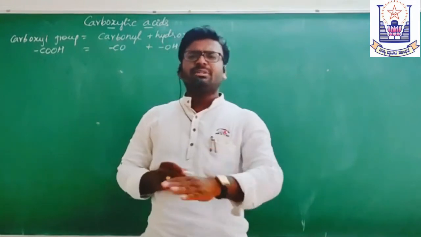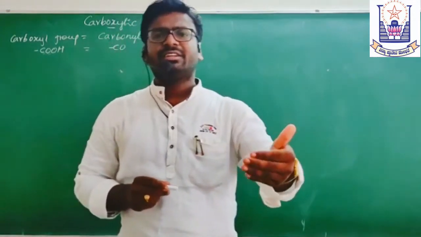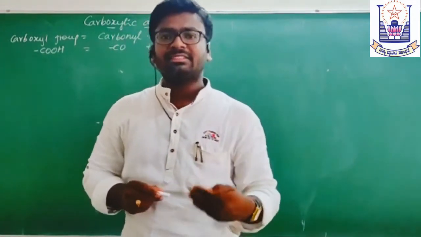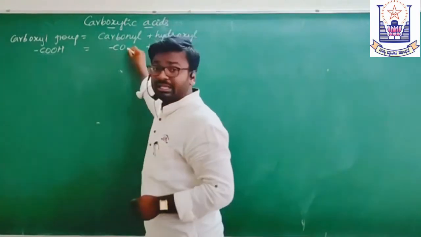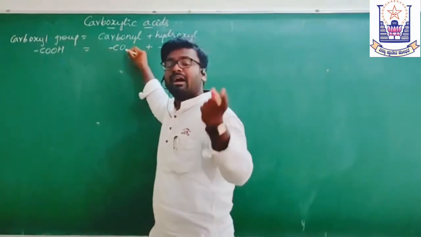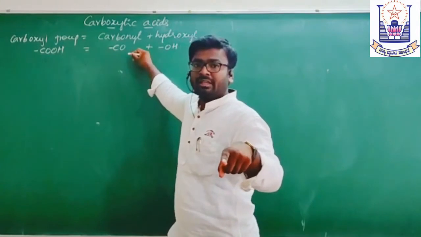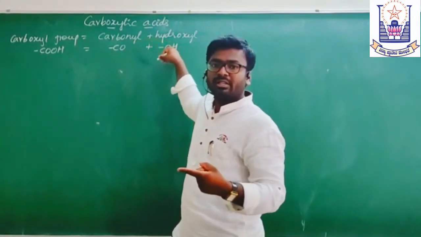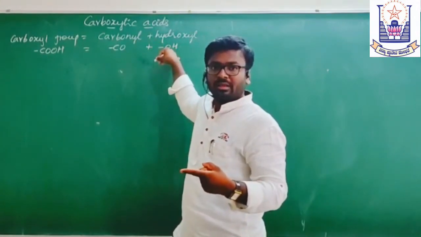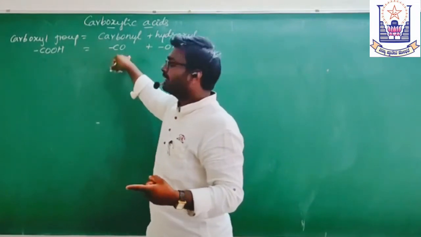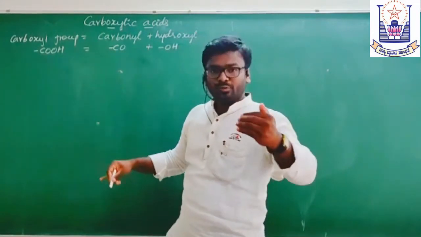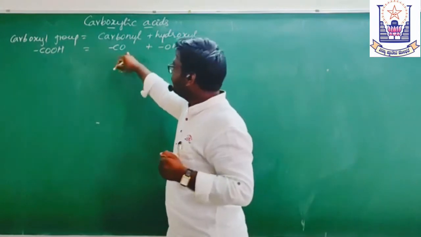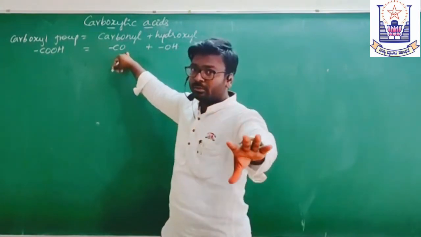That is why sometimes we consider the carboxylic acids as carbonyl compounds. But along with that property, it also shows properties of the OH group. Together it will form a new functional group. This is one functional group, it has its own properties.